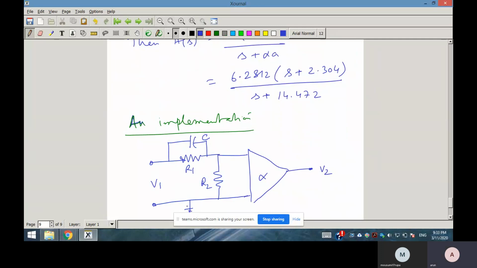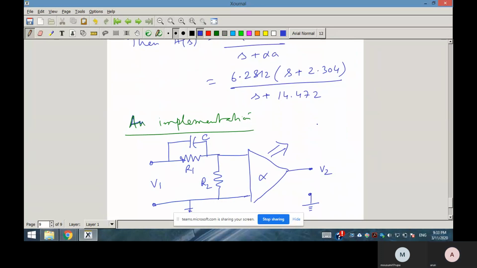So V2 is this voltage, V1 is this voltage. Then I write here another quantity. So this is V2, and this amplifier alpha can be a differential amplifier.